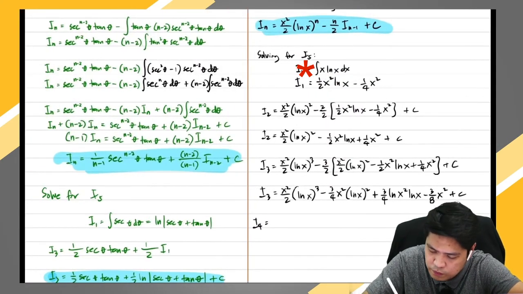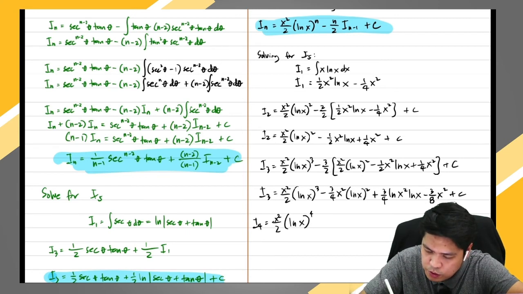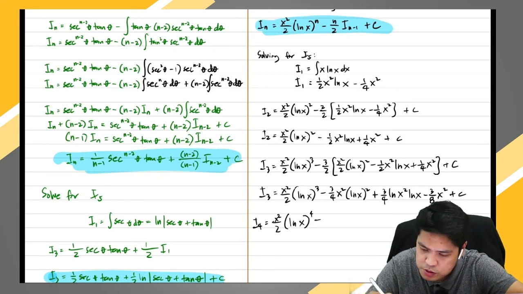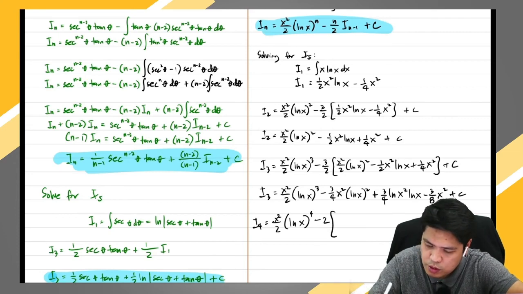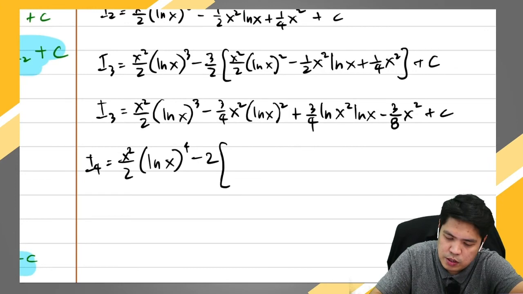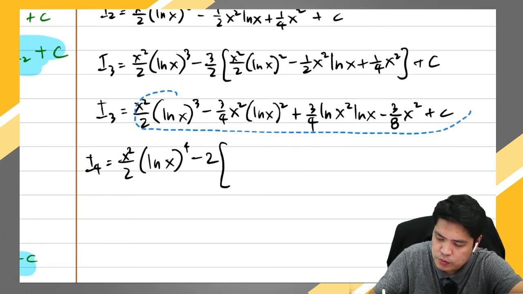Okay, so I sub 4 is x squared over 2 ln x raised to 4 minus 4 over 2. So 2 times I sub 3. Yan.